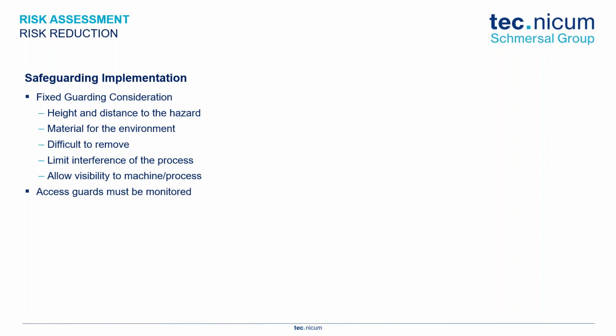When we start adding these safety solutions for monitoring a guard door, again, something that's often overlooked is that safety circuit, right? Again, trying to remember we don't want to make a false sense of security.